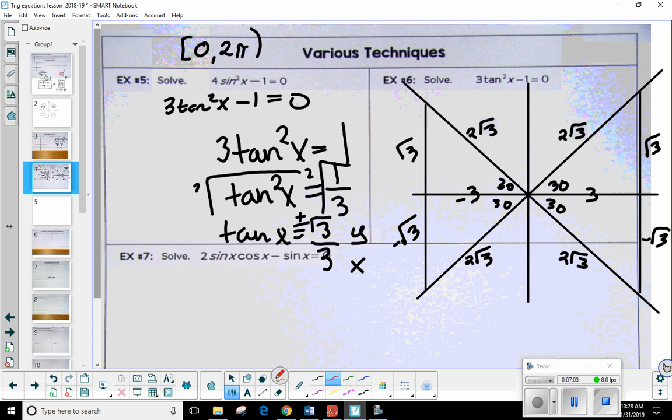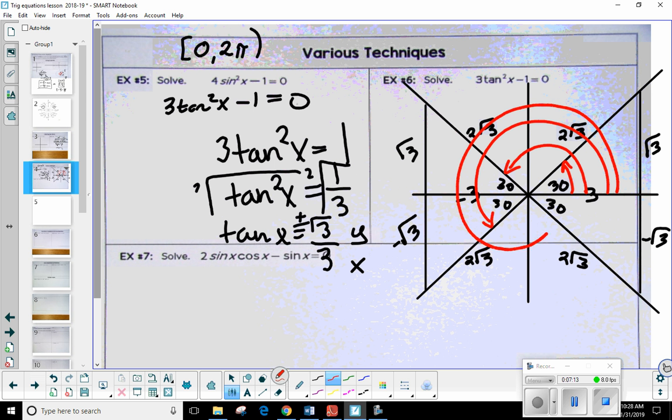What do we call that position? Standard position, the positive x-axis. So I want this angle, this angle, and this angle. And just be careful if you're going to rotate all the way around, that additional angle is 60, not 30, because the reference angle is 30.